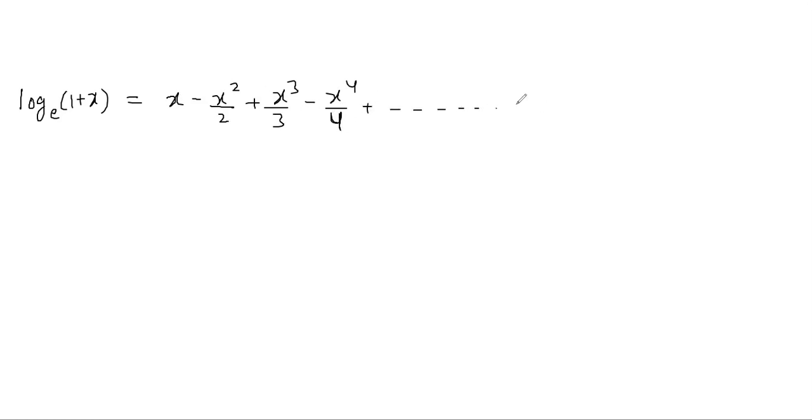There are two very important formulae related to logarithmic series. First is log of e to the base. This e is the exponential series. Okay. Log of e to the base 1 plus x is given as x minus x square by 2 plus x cube by 3 minus x4 by 4, and then it continues till infinity.